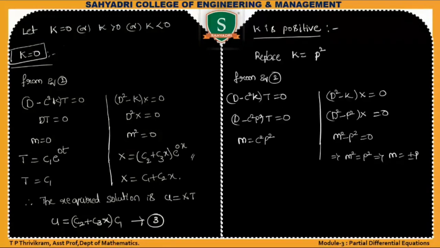This is nothing but t is equal to c1 e power c square p square t. Similarly, here x is equal to c1 e power px plus c2 e power minus px.